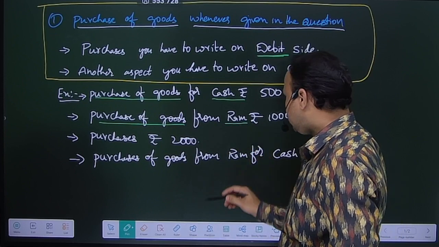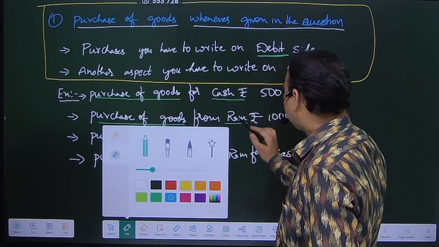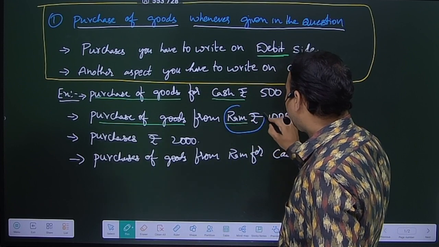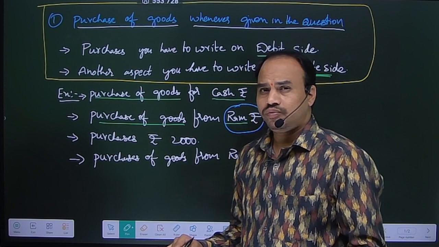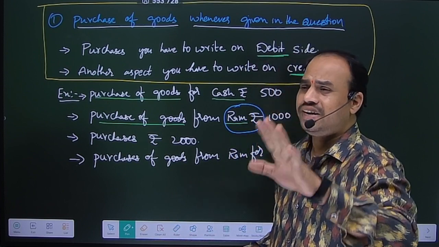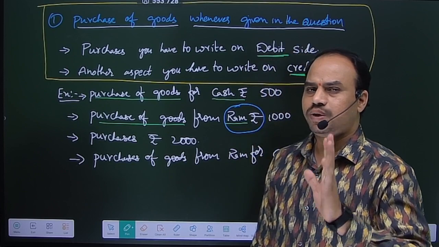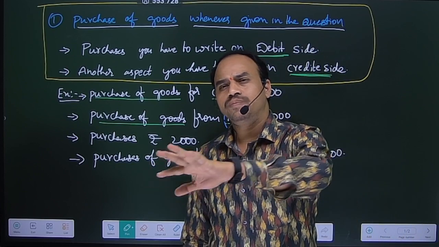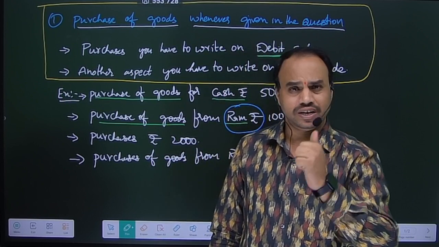What is given in this question? Ram's name is given. So whenever a name is given, you assume that it is a credit transaction. I will give you an example. Near your home you certainly have kirana shops.